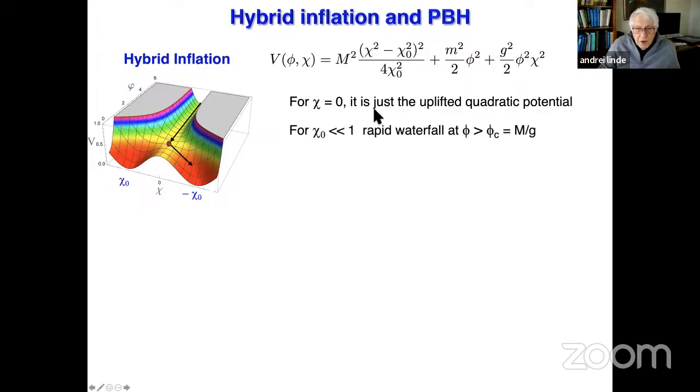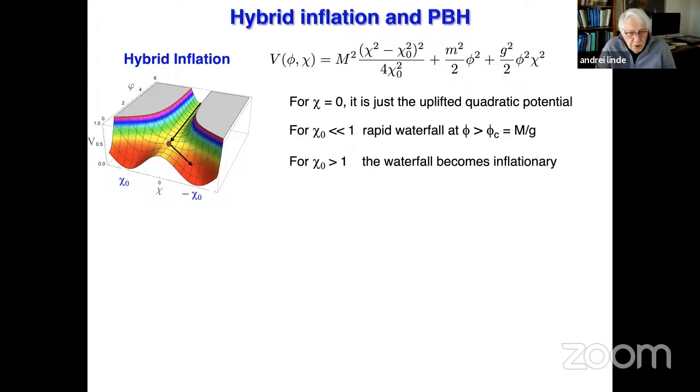Now, if chi is much smaller than 1 in Planckian units, then at the critical point, which is m divided by g, rapid waterfall appears, and the scalar field chi falls down to its true minimum pretty quickly. However, and this is the regime which we will mostly concentrate on in this talk, this is a different regime, which is not what originally was looked for in hybrid inflation.